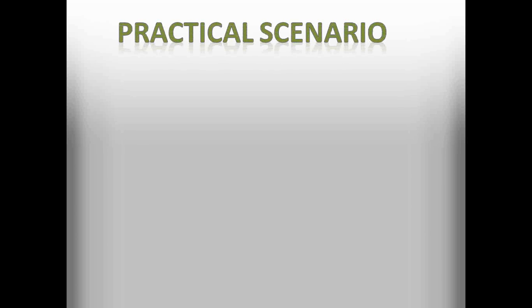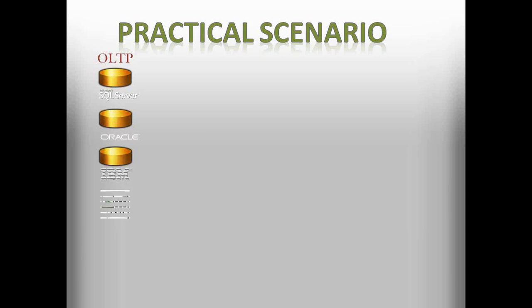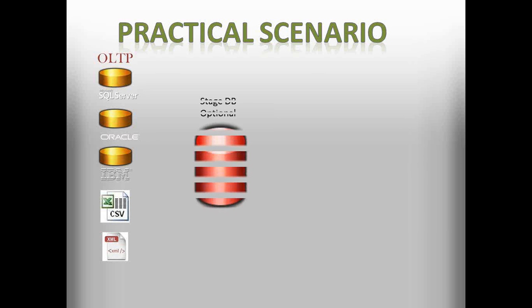Coming to the practical scenario in terms of Microsoft BI, as I said, we have heterogeneous databases like OLTP, SQL Server or Oracle, IBM, and CSV or some XML files. I generally get the data in these formats, and I need to load this data into the data warehouse. For that, we will first dump the data from different sources into the staging database, and then move it from the staging database to the data warehouse using SSIS.